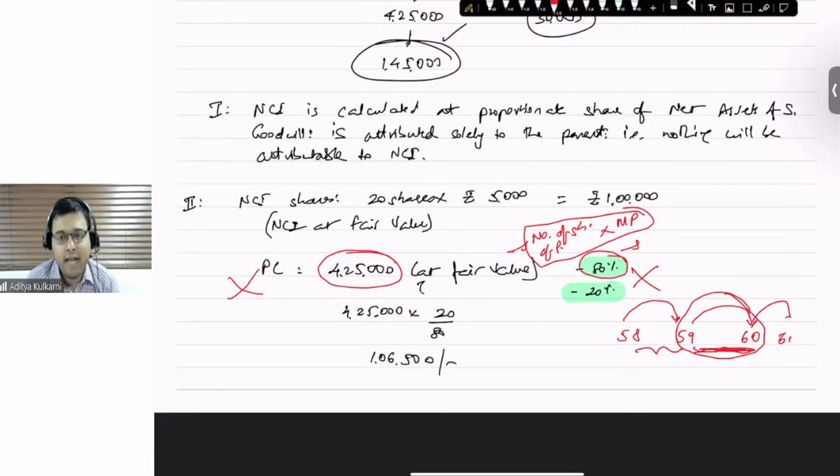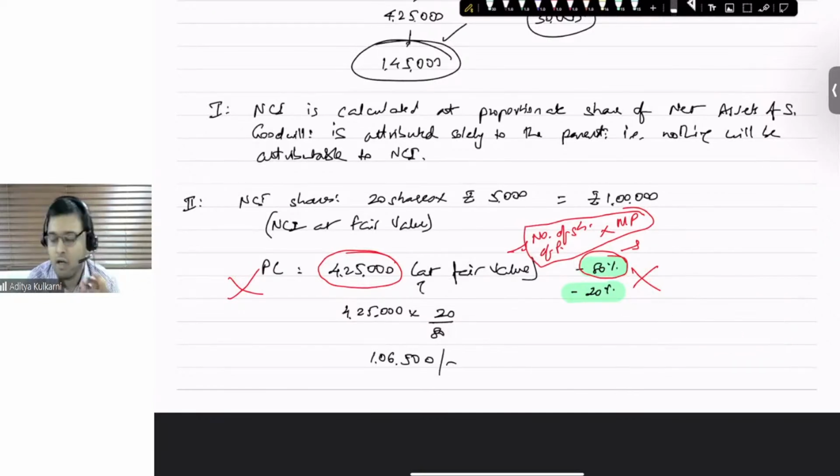Similarly, getting a controlling stake is a huge thing in the case of a business. And that is why, please do not make the mistake of cross multiplying. In our example, you saw that NCI was appearing at 1 lakh at fair value.